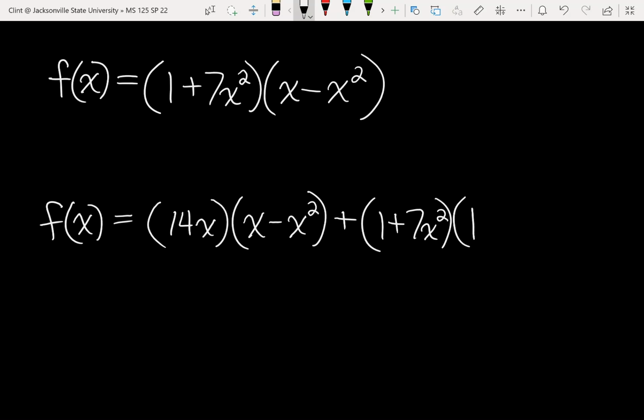So there we got 1 minus 2x. And that'll probably simplify a little, but we won't worry about it today. Oh, that's f prime too, sorry. I think that's the derivative part.